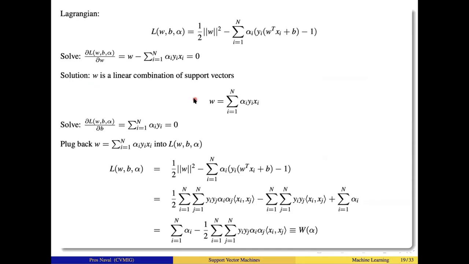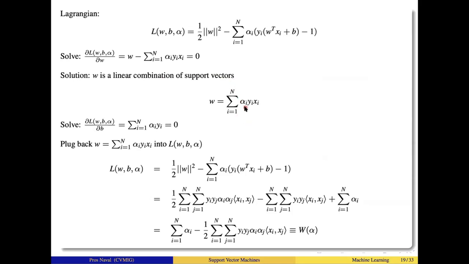According to this, the weight vector of our hyperplane, or the values that will define our hyperplane, is just equal to the linear combination of the support vectors. Isn't that great? So after all those difficult equations, now we know that w is just equal to the linear combination of the support vectors.